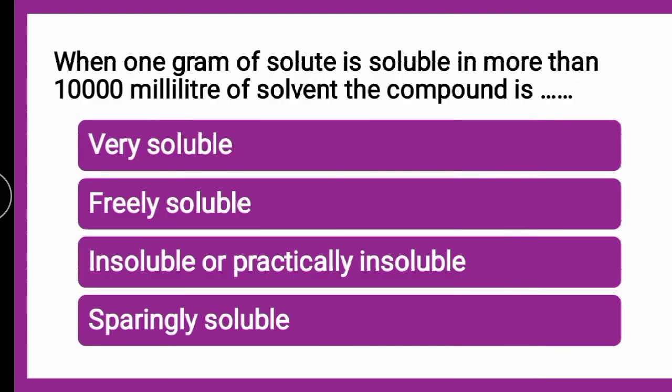Next question is, when 1 gram of solute is soluble in more than 10,000 milliliter of the solvent, the compound is dash. Whether it is very soluble, freely soluble, insoluble or practically insoluble, or sparingly soluble, the correct answer is it is insoluble or practically insoluble.